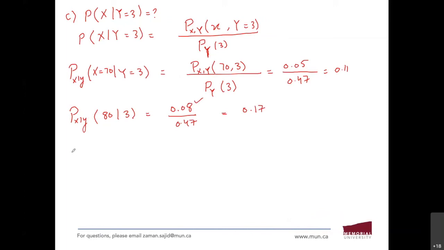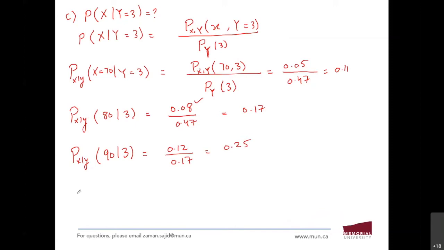Similarly, for the conditional probability of X given Y, where X is 90 given that Y is equal to 3, it is 0.12 divided by 0.47, and you get 0.25.